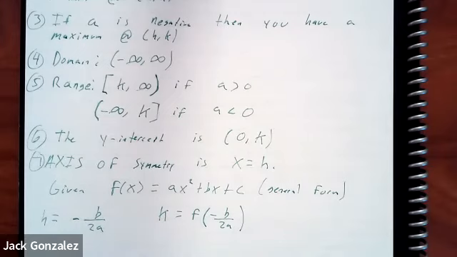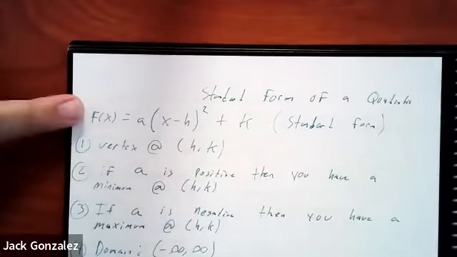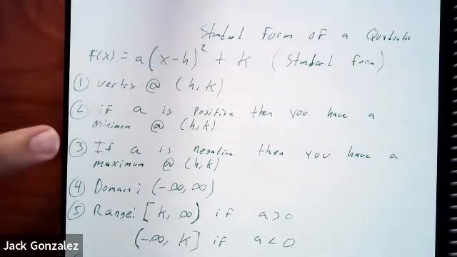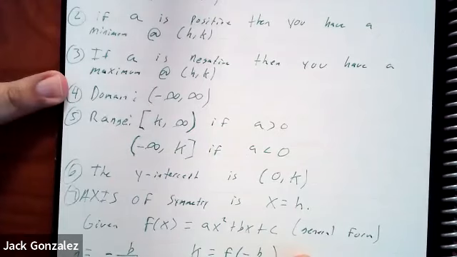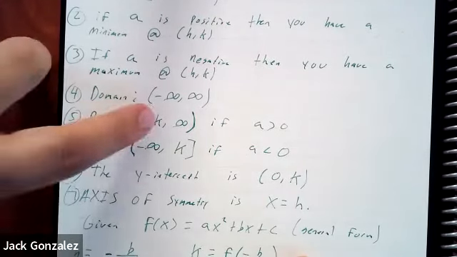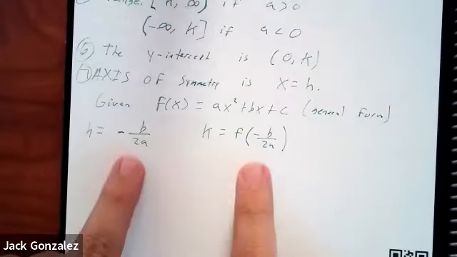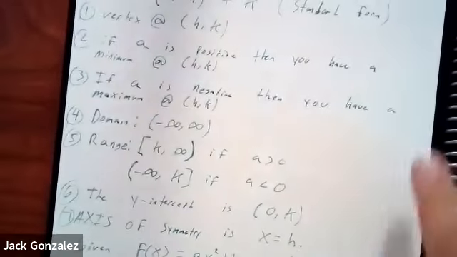General and standard are both quadratic, so all these properties apply, but you can't use a lot of this information. The domain will be the same. The range will be the same. It's just that finding K and finding H will be different. That's the only difference. So once you have this, you can answer pretty much all these questions up here.